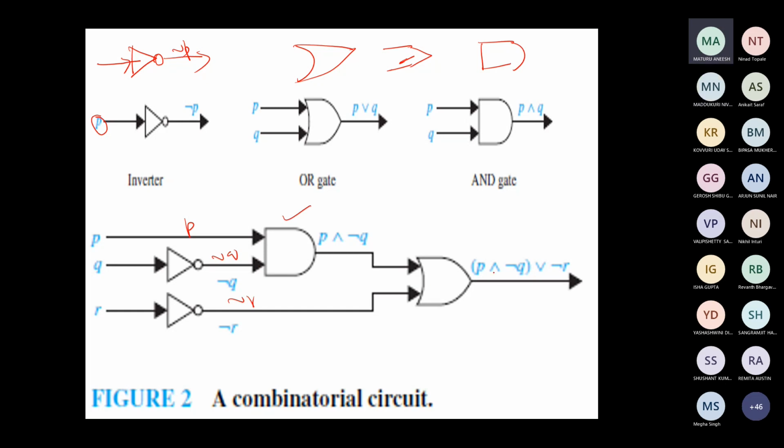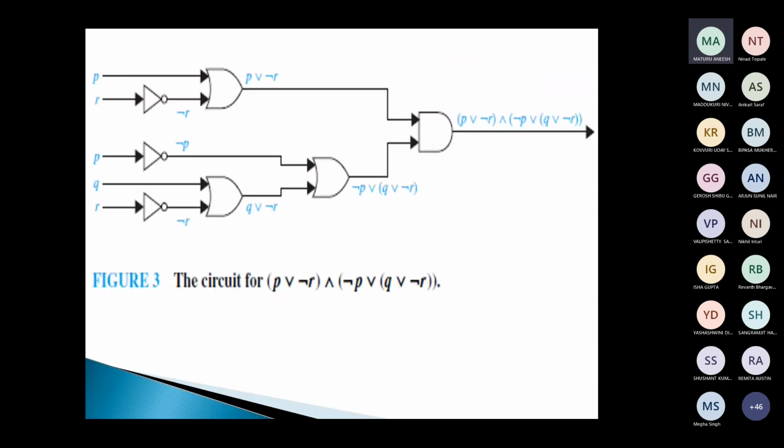So the output is P and not Q, or not R. So that is the output of this particular combinatorial circuit or logic circuit, whatever, logic gates.